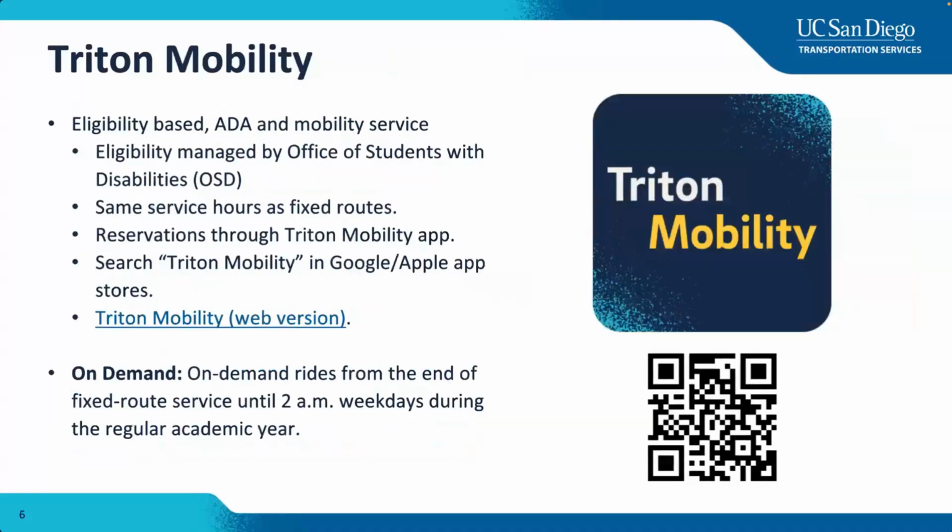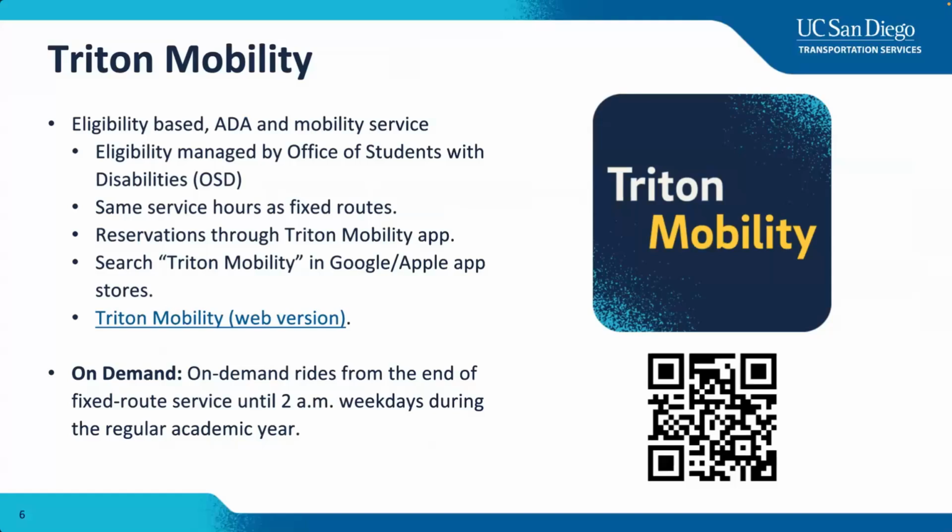Not only do we offer shuttle services, but we also offer Triton Mobility, which is an eligibility-based ADA mobility service. So in order to utilize Triton Mobility, you do have to get registered with the Office of Students with Disabilities. They will go through this process of checking documents and making sure you're eligible.